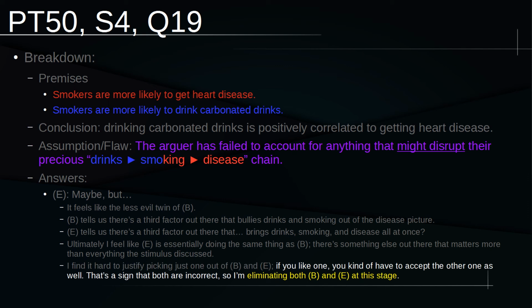If you like one of them, you have to accept the other one as well, because if you think it's correct that there's another factor out there that's more important, like B mentions, E is also telling us there's another explanation that explains everything a little better. And to me, that is also a sign that both are incorrect, because you're not allowed to pick both of these. So I'm eliminating both B and E at this stage.